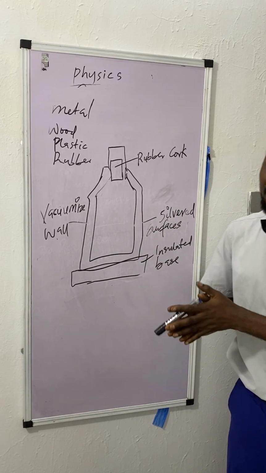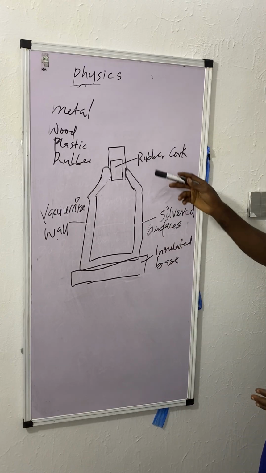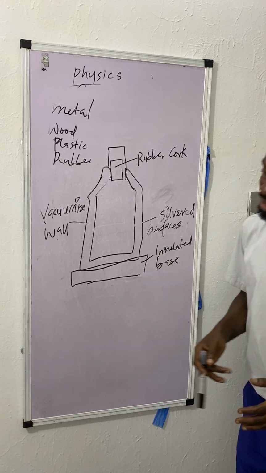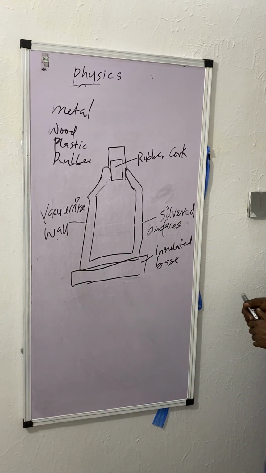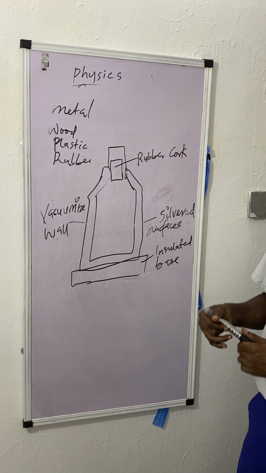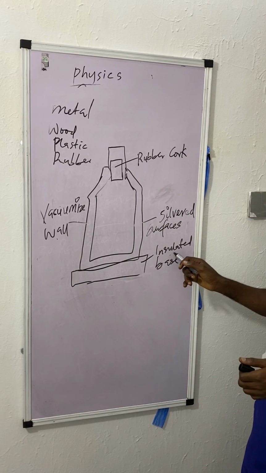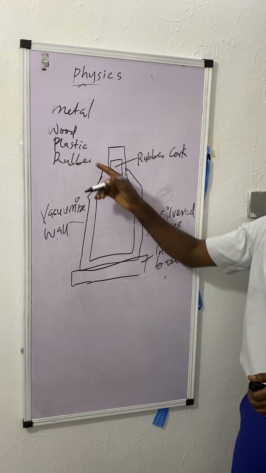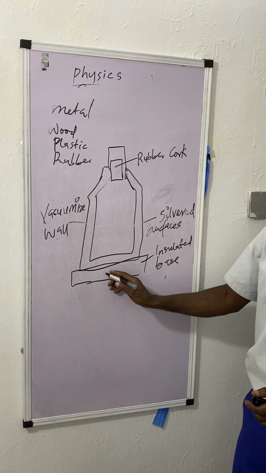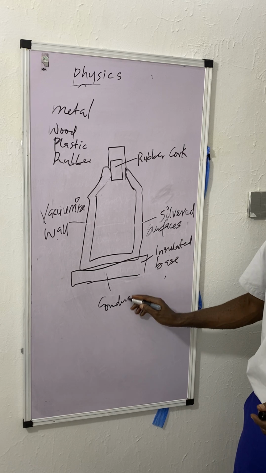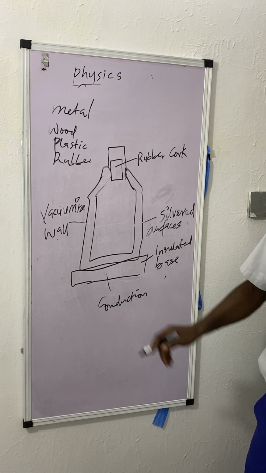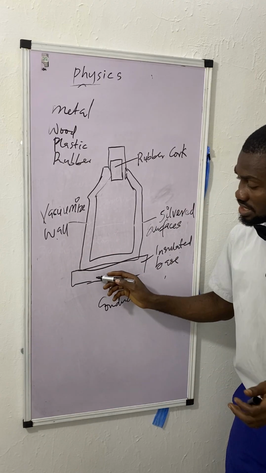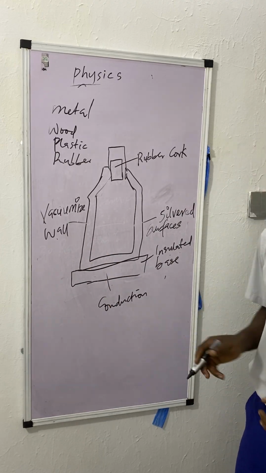Each of the parts of the thermal flask has its function, its duty. For this insulated base, it prevents heat loss through what? Conduction, through surfaces in contact. Heat can't be transferred from a conductor to an insulator.